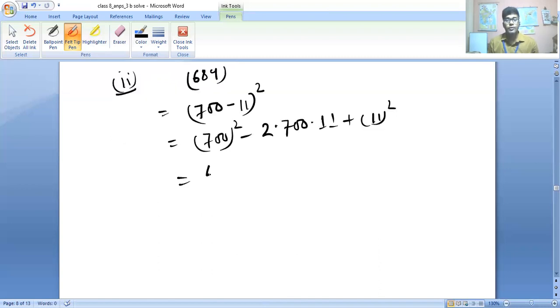Therefore, because 11 13s are 143, 11 14s are 154.